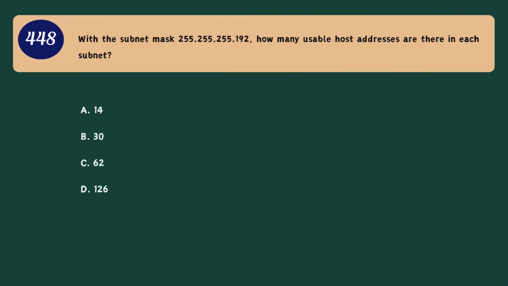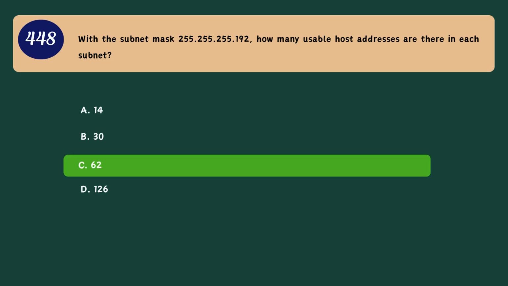Question 448. With the subnet mask 255.255.255.192, how many usable host addresses are there in each subnet? A. 14. B. 30. C. 62. D. 126. Correct answer: C. 62.